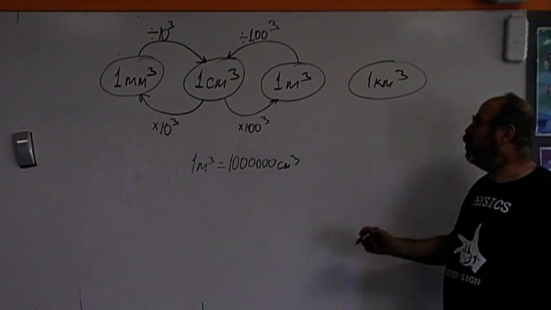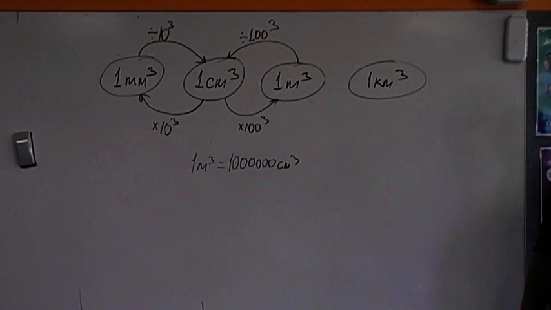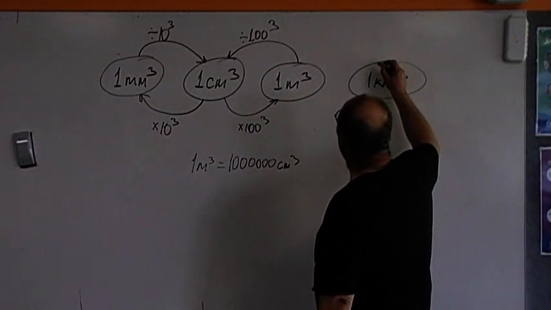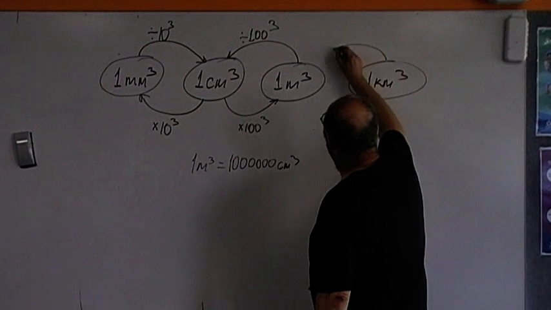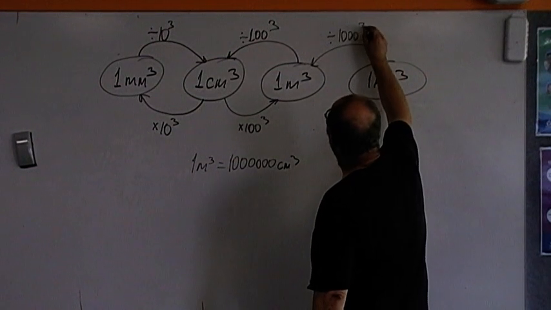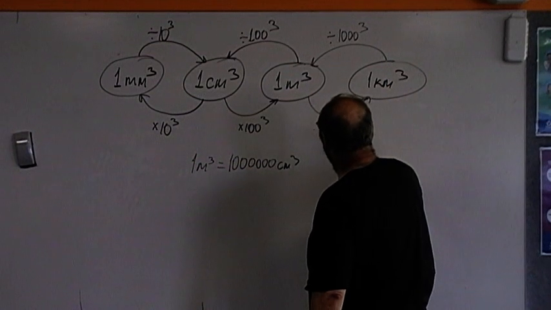And between kilometer and meter, 1 kilometer has 1,000 meters. So for cubic units we need to divide by 1,000 cubed or multiply by 1,000 cubed.